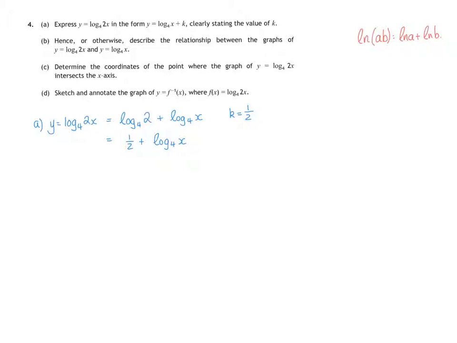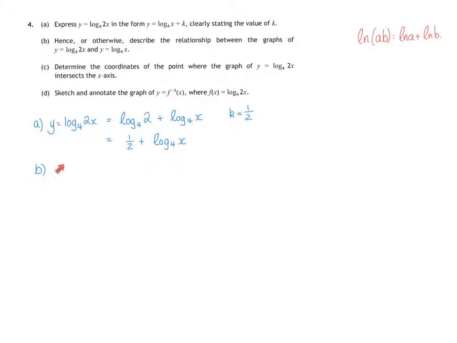Okay, so for part B, we've been asked to describe the relationship between the graphs of y equals log to the base 4 of 2x and y equals log to the base 4 of x. Right, so we know that plus a half, once we've rearranged, means that that's moving the graph up by a half. So that's what we need to write.